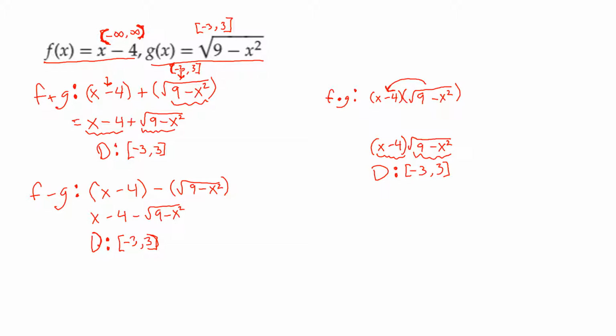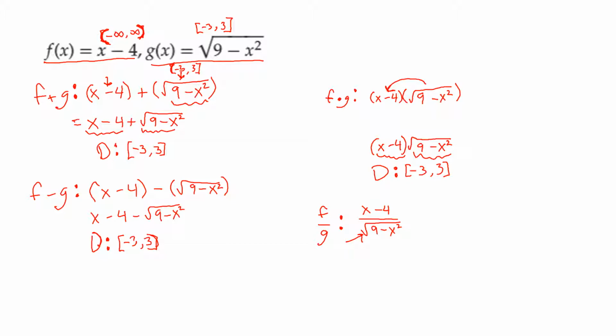Now we have f over g. Well, f over g, this is x minus 4 all over the square root of 9 minus x squared. Now, we already know that this domain is limited to negative 3 to 3, but I've been including those.